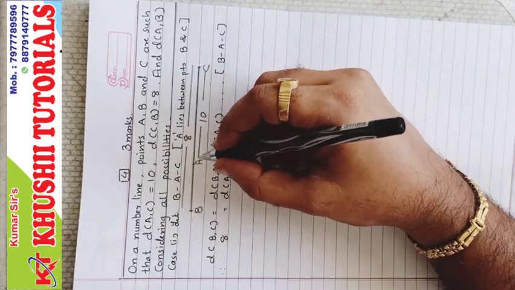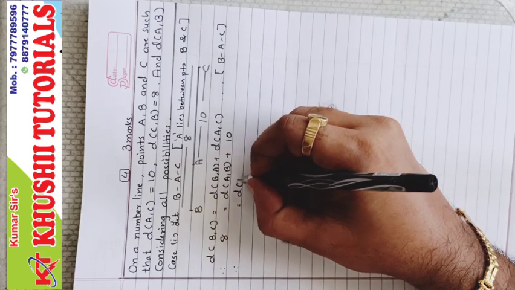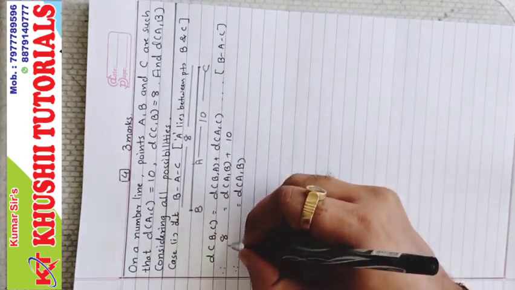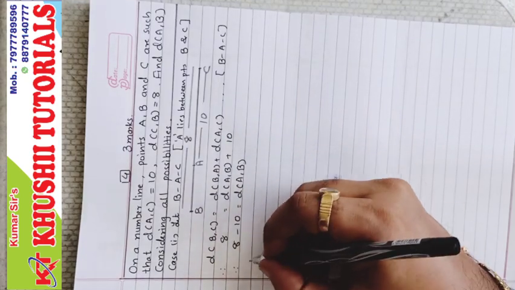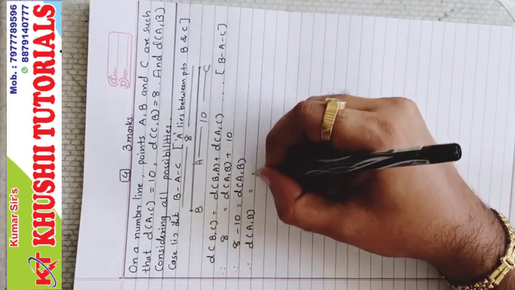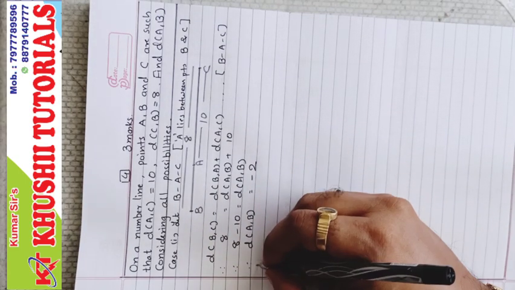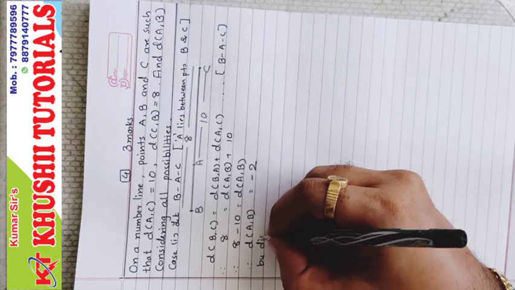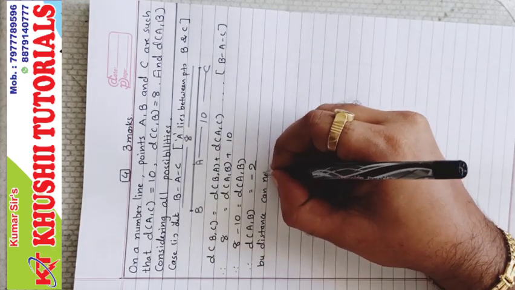And distance of AC is 10, so distance of A comma B equal to 8 minus 10, which is minus 2. But distance cannot be negative.